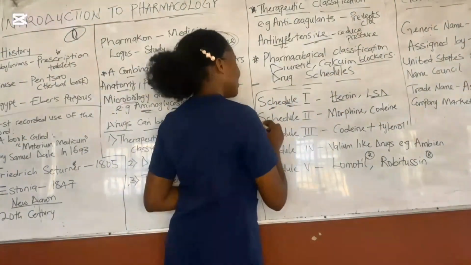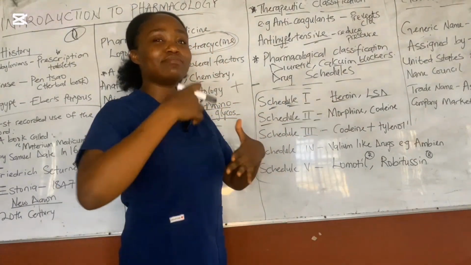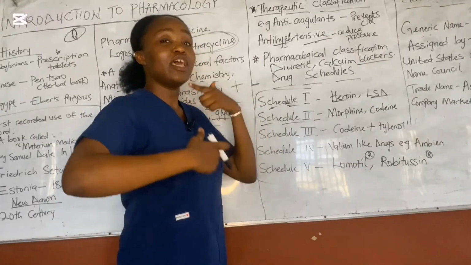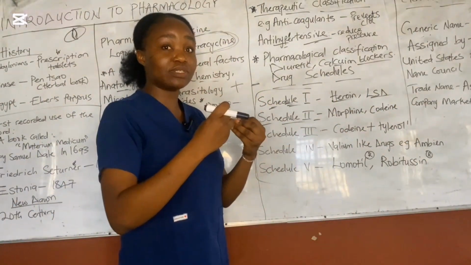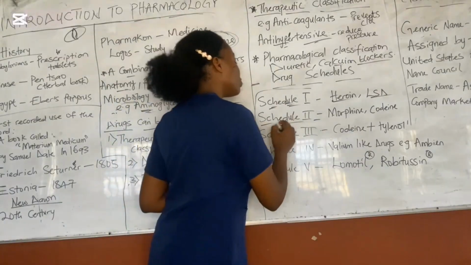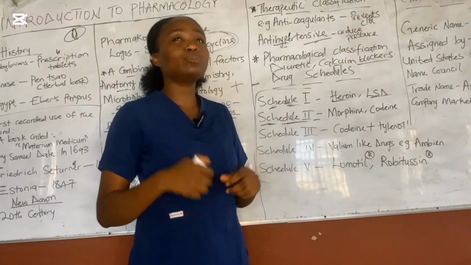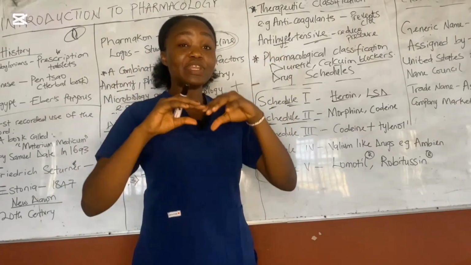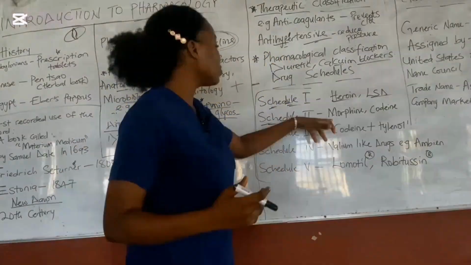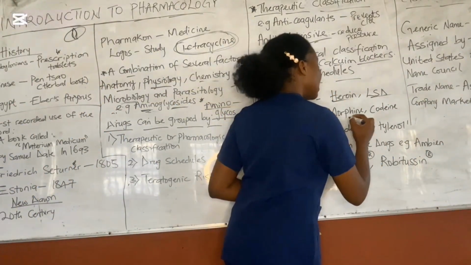If you look at Schedule 2 drugs, one thing you need to know about scheduled drugs is that they have a tendency to make someone dependent on them because they have narcotic effects. This Schedule 2 drug can actually be given by prescription, because although it has a history of making people dependent, it also has its own therapeutic effects, and that's why morphine is administered for pain.